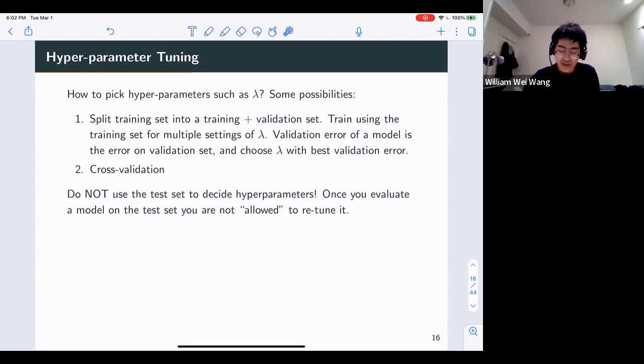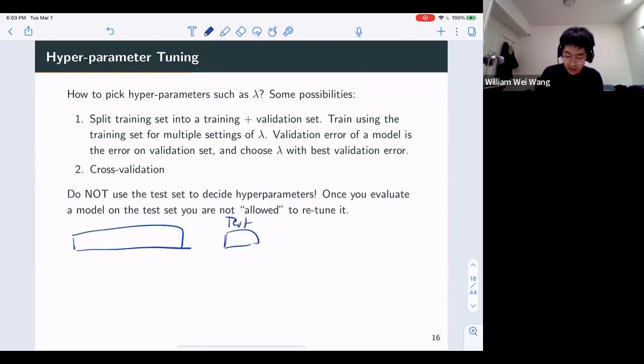Basically, it says, okay, how do you find this lambda? Well, in order to find this lambda, what you can do is split your training set into training and validation. So if you have test and training, instead you can say, okay, this is validation. If you want to know how good your classifier is for a certain value of lambda, let's say lambda equals 1, then you would train it on this portion. Then you would do testing on this portion to find an error.